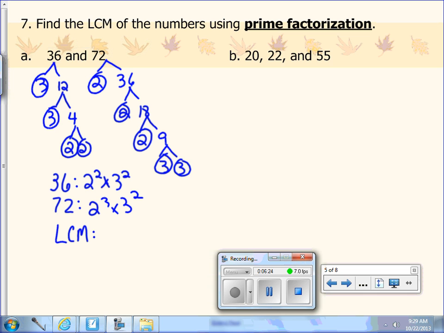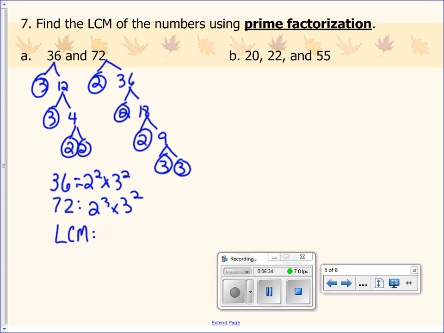Now, as you can see, we did the prime factorization trees. Again, your trees could be different. Notice your totals need to be the same. 36 is equal to 2 squared times 3 squared. 72 is equal to 2 cubed times 3 squared. We're going to take each factor to the highest power.